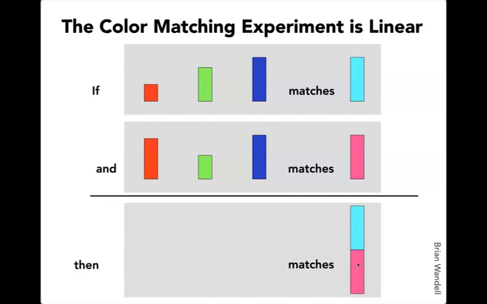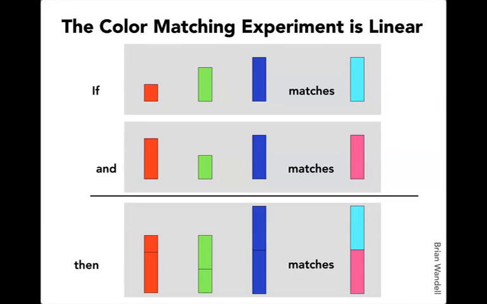It'll be the linear combination of teal and pink, whatever that turns out to be, on the test light side. And if you get the subject to do color matching from scratch, you will find that they form the ratio exactly as shown here, exactly as the superposition of the ratios that they found individually. So that's a pretty remarkable fact, and it's saying something about the perceptual superposition of our color perception.